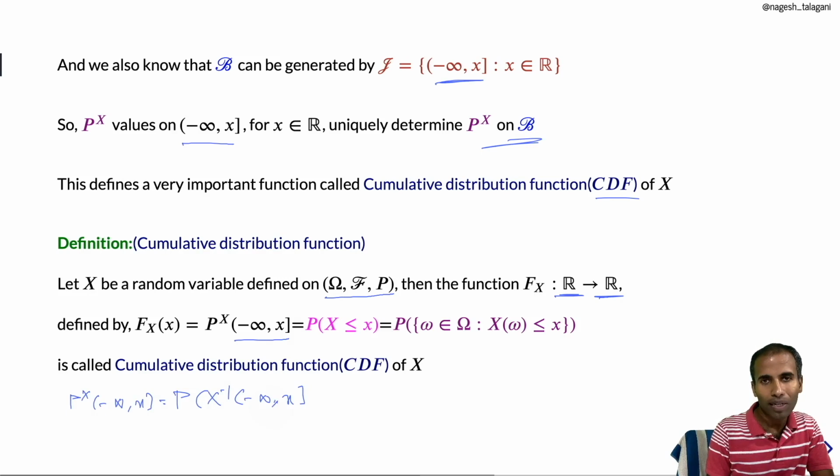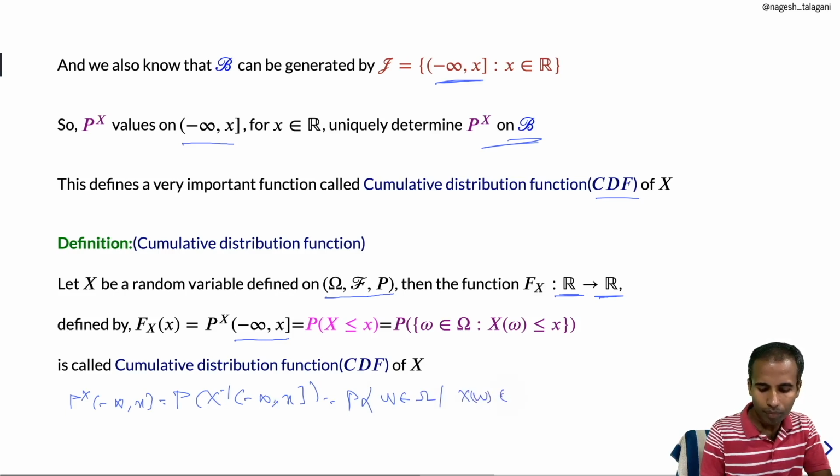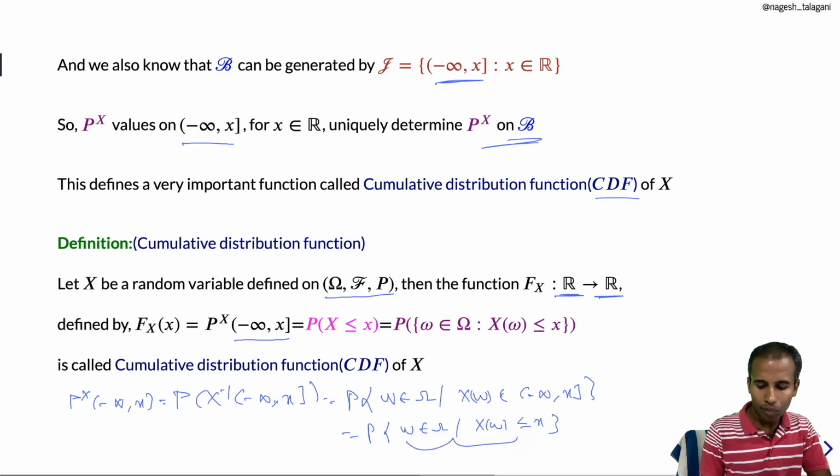X inverse of (minus infinity, x] is an event in F, consisting of all outcomes for which X(omega) is in (minus infinity, x]. This can also be written as all outcomes for which X(omega) is less than or equal to x.